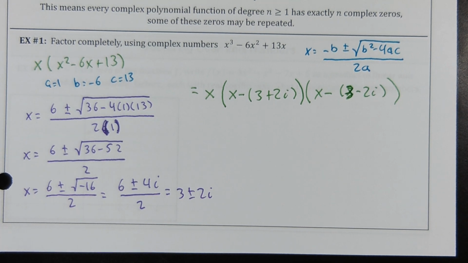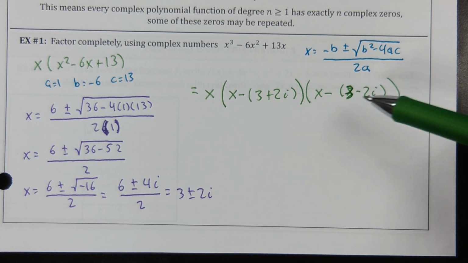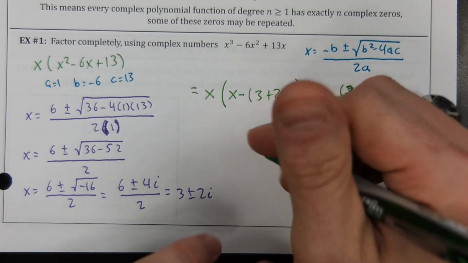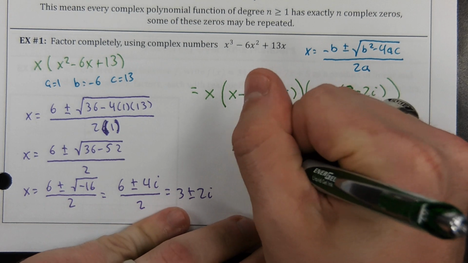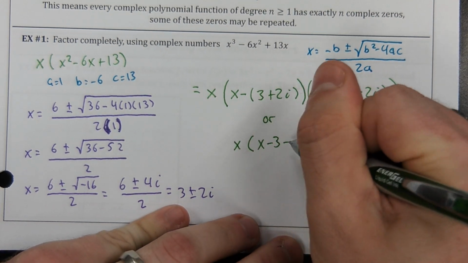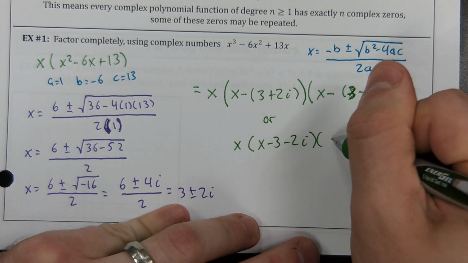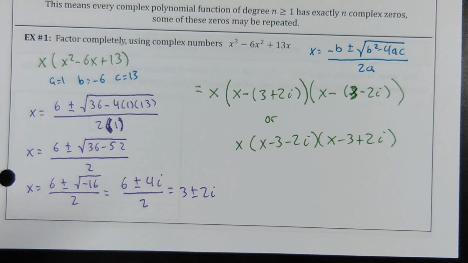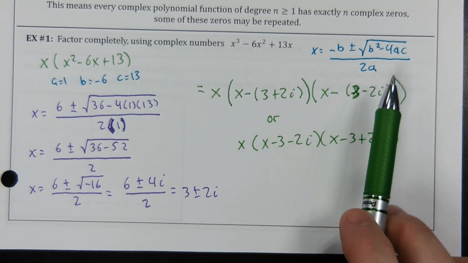Now, could we distribute the minus sign? We could. You don't have to, but you can. You could call that x minus 3 minus 2i and x minus 3 plus 2i if you wanted to. Wouldn't make a difference. This is just if you don't like to see parentheses inside your parentheses. I just distributed the -1. There, and then there.